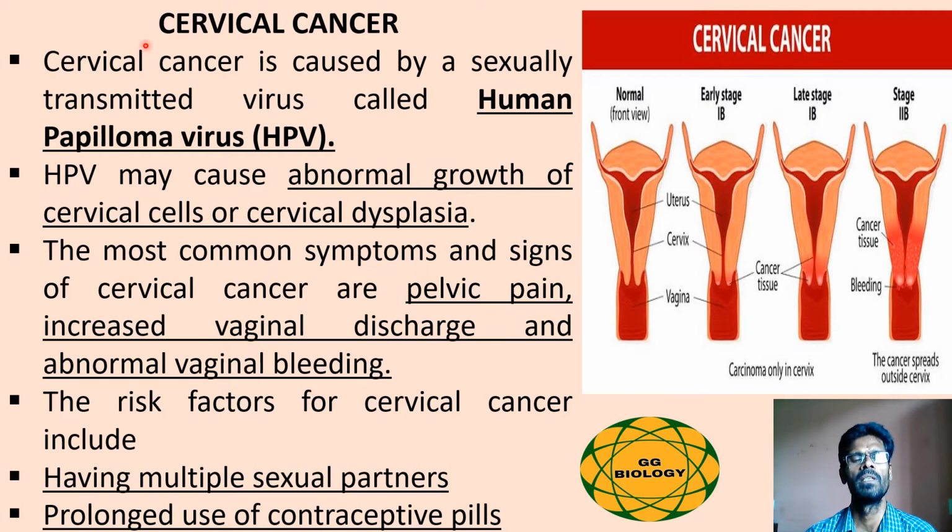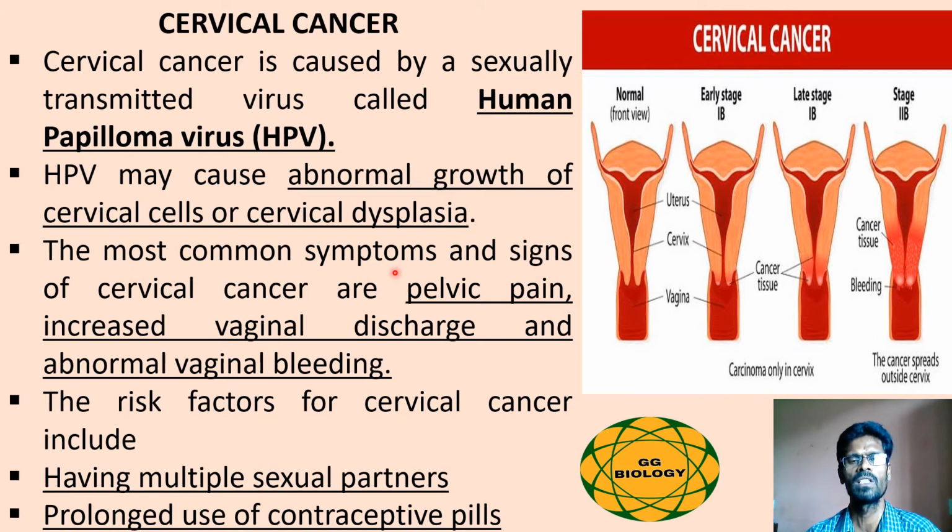The next topic is cervical cancer. In human females, the cervix of the uterus is prone to infection by a virus called human papilloma virus, which leads to cervical cancer. HPV may cause abnormal growth of cervical cells, or cervical dysplasia. The abnormal growth of the cells of the cervix is usually called cervical dysplasia.